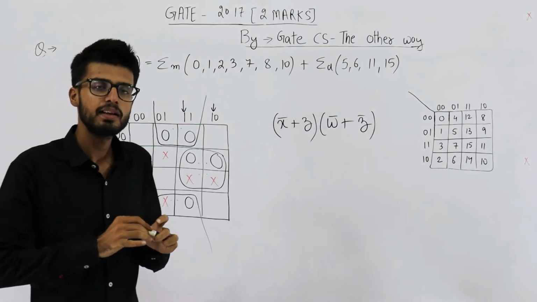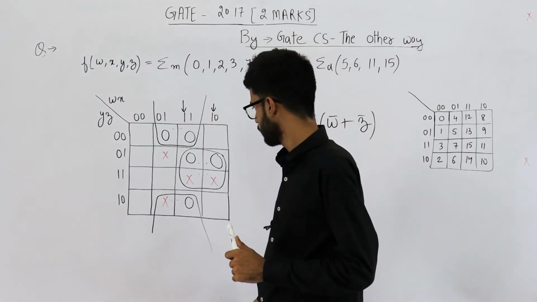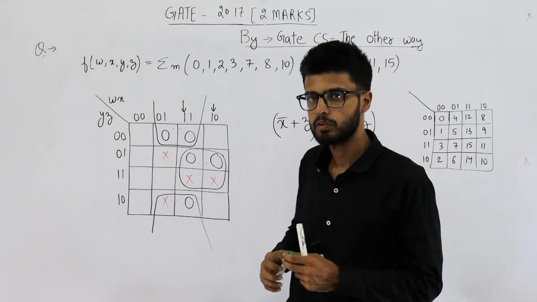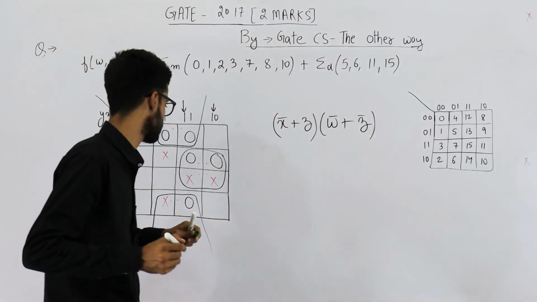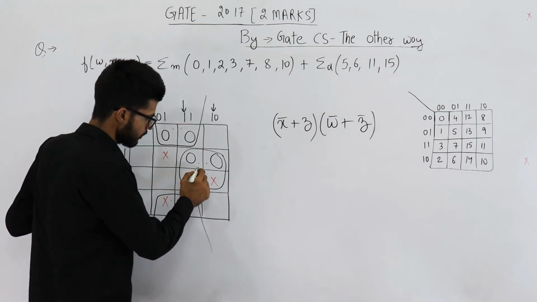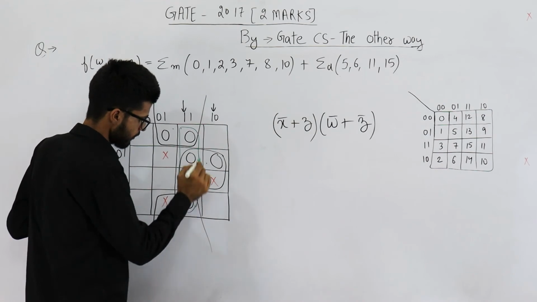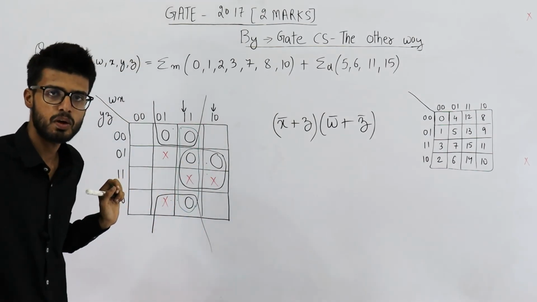Now let's discuss non-essential prime implicants. Do we have any non-essential prime implicant here? Yes, we do. You can see this one will be non-essential. How can I say that this one is non-essential?